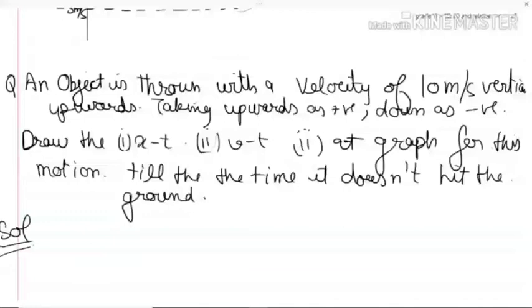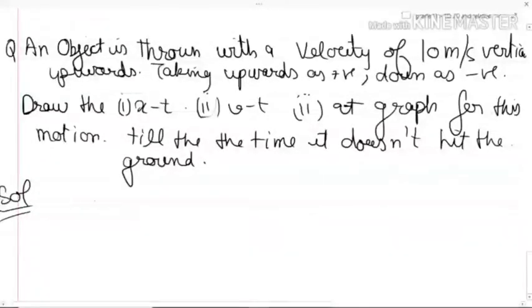See, how will you do it? First of all, how does the actual motion look like? Let us say this is the ground and you have thrown this object upwards with the initial velocity of how much? 10 meters per second.